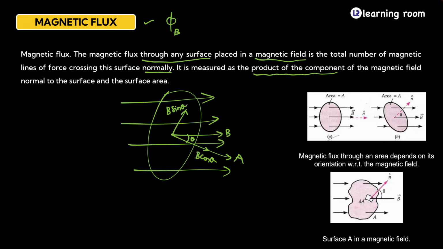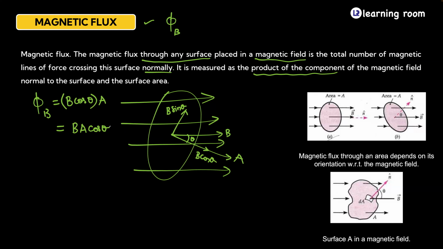The B cos theta component multiplied with A is what gives us the magnetic flux. So phi B is equal to B cos theta multiplied with A, or you can also call it BA cos theta.